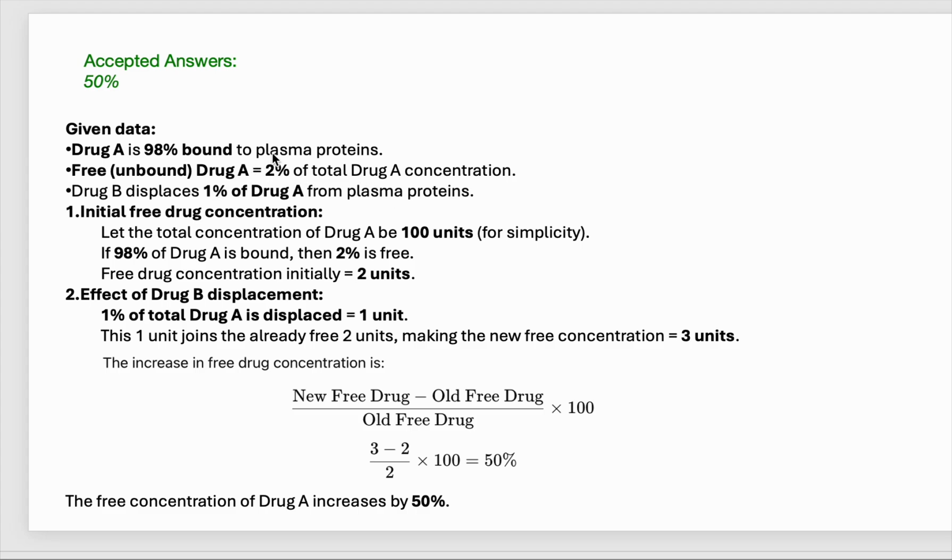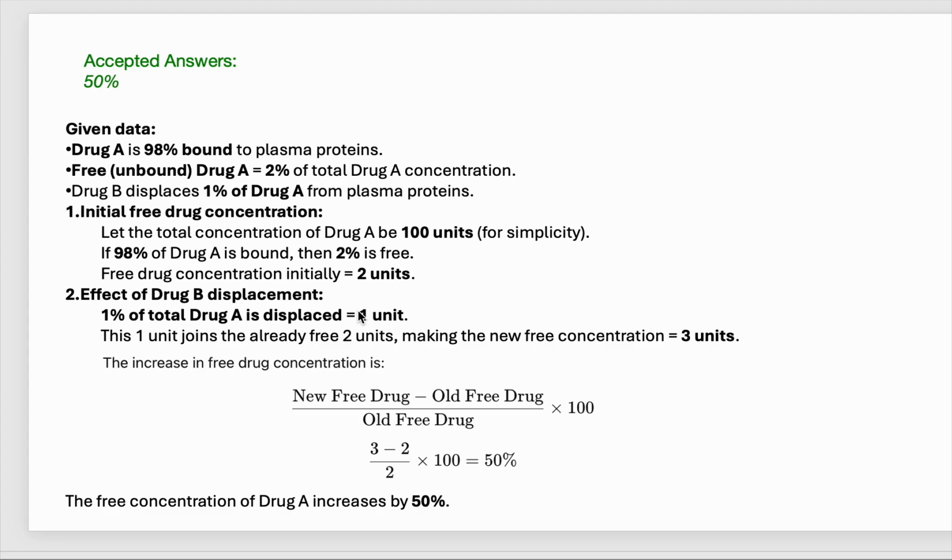Now drug B displaces 1% of drug A. So now you have 2 free units, and 1% of drug A displaced by drug B means one more unit is available.